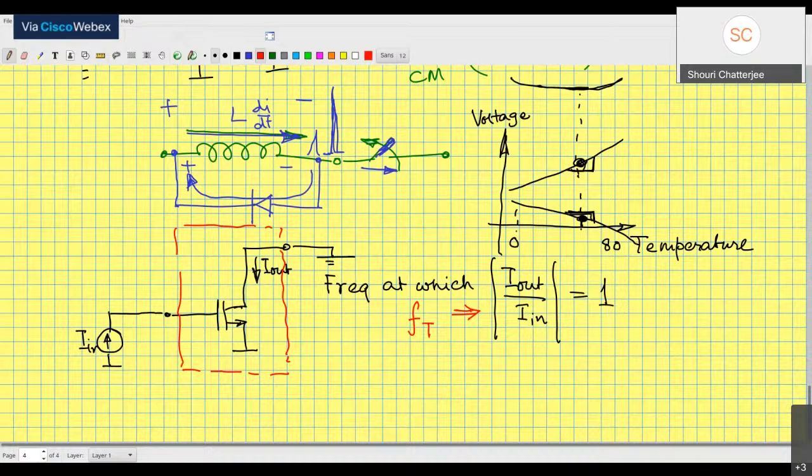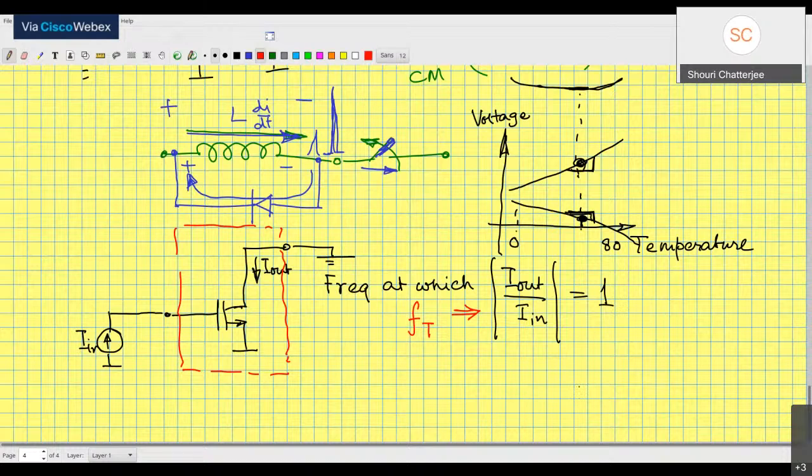It might be worth your while to directly connect the load to the input source, rather than have this two port network in between, right? I mean, why do you put the two port network? Because you are looking at a power gain. Any amplifier is actually a power amplifier. Whether it is a common source amplifier or a common gate amplifier or a common drain amplifier, you're actually amplifying power.